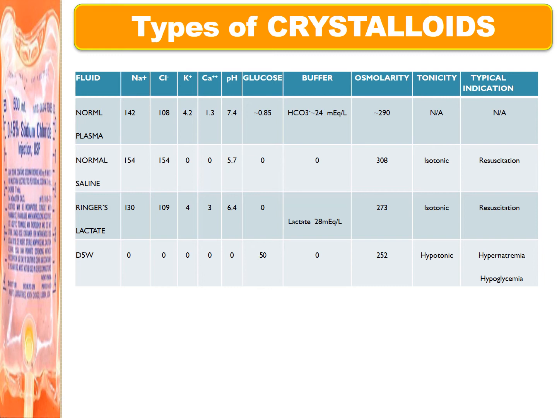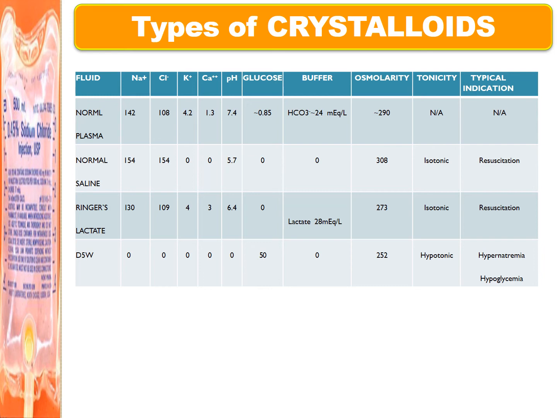Here, for example, normal saline has a sodium value of 154, chloride 154, potassium 0, calcium 0, the pH is 5.7, the glucose content is 0, and we are not using any buffer.